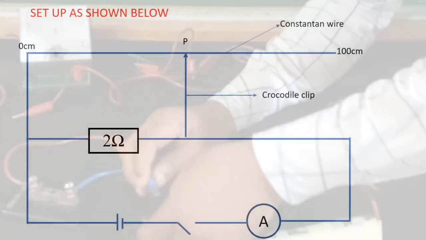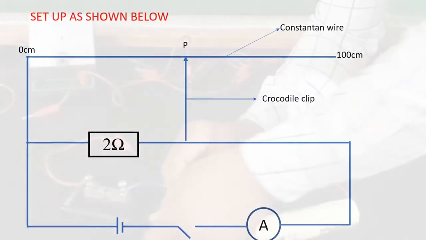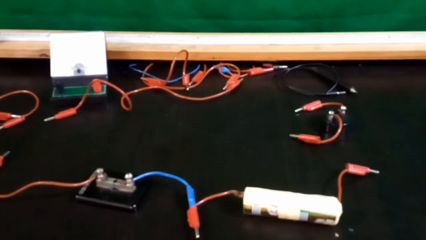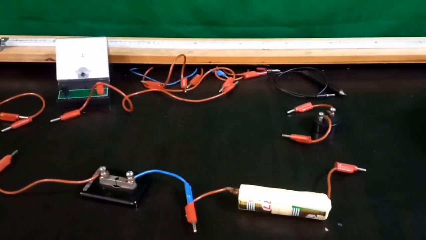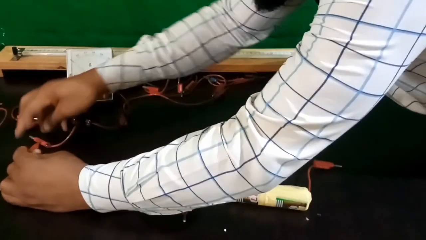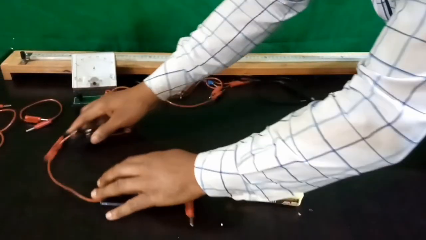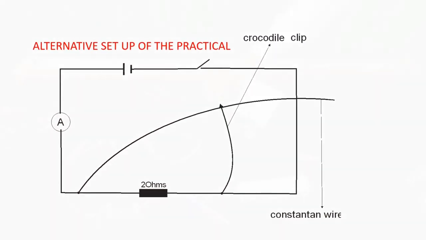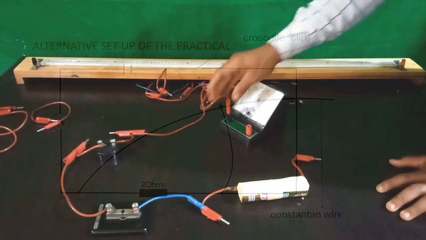From the cell, I will go to the key. You see the way I'm connecting it from the cell to the key. From the key, I will go to the resistor, the 2 ohm resistor. I will go to the ammeter.